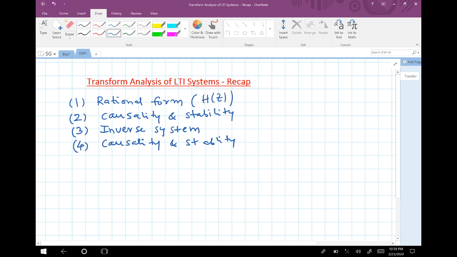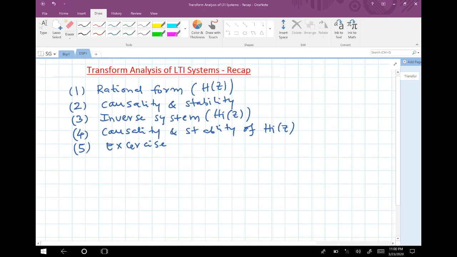So here we will be talking about Hi of z, the inverse, and the causality and stability of Hi of z. And to conclude, I'll give you an exercise which you can try to work out after the class. Okay, this is roughly the overall outline of this review class. Most of these things are already discussed.